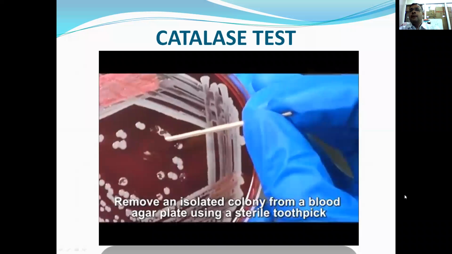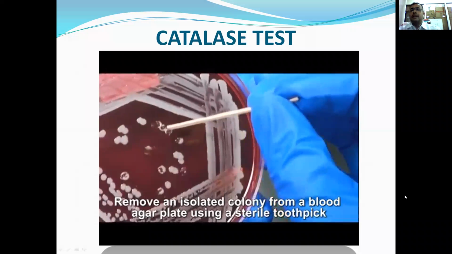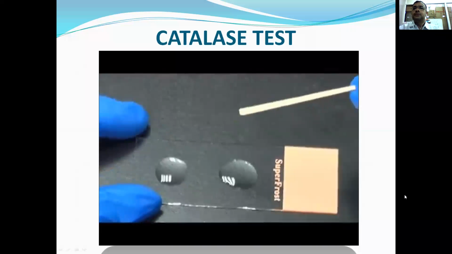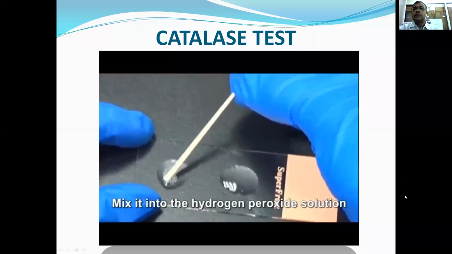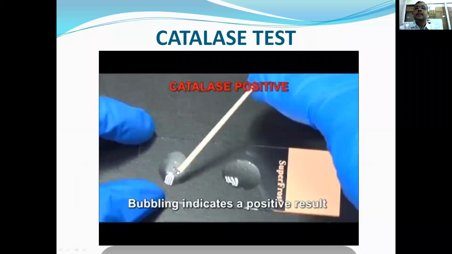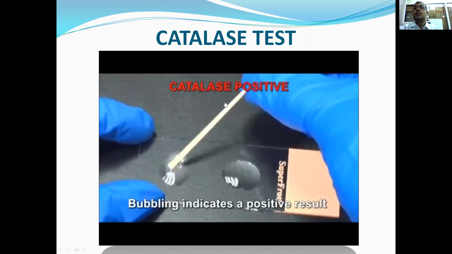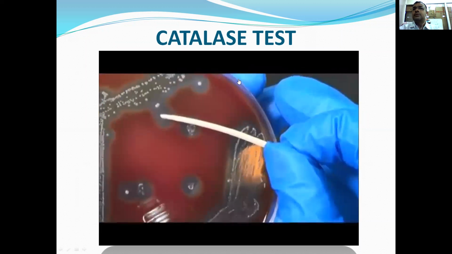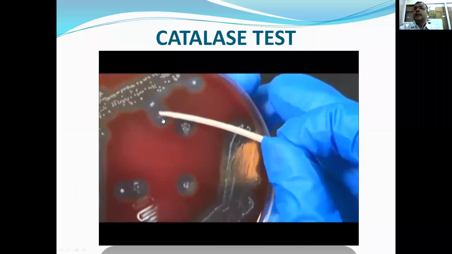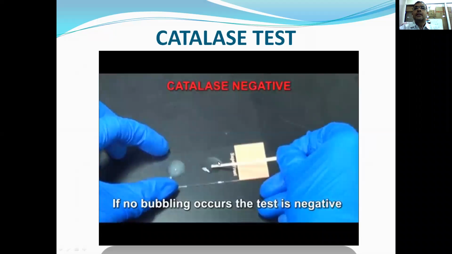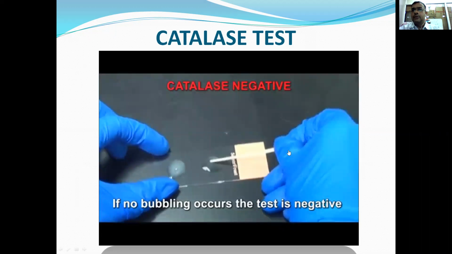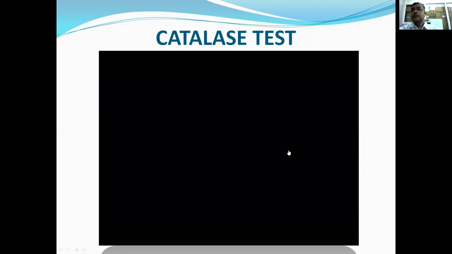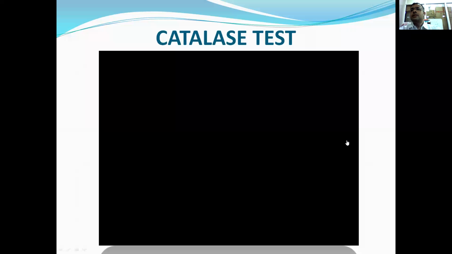Now we can take the colony with a platinum loop and mix this colony with 3% H2O2. While mixing, a bubble will form. That indicates catalase positive. This is a negative: if you are mixing and there is no bubble, then you can say the test is negative. So it is a very simple test. Bubble formation means the test is positive. If a bubble is not formed, then the test is negative.